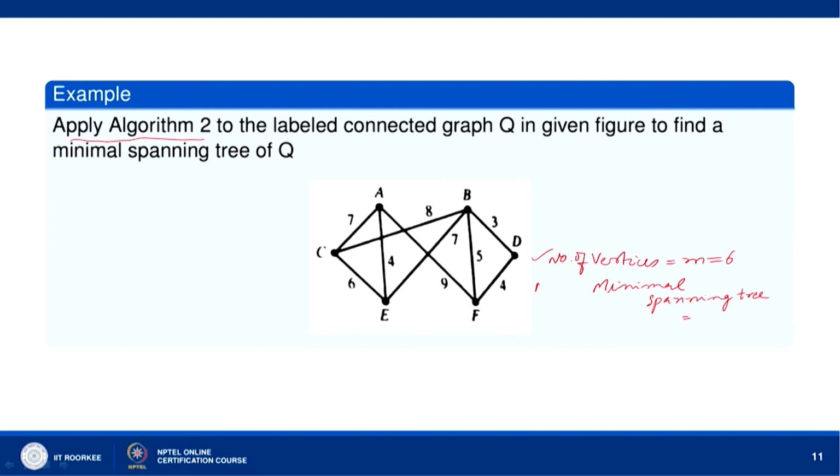The number of edges in the minimal spanning tree will be m minus 1, that is 5. Okay. So, we go on adding edges till 5 edges are added, m minus 1 edges are added, and it is ensured that no cycle or circuit is formed in that process.